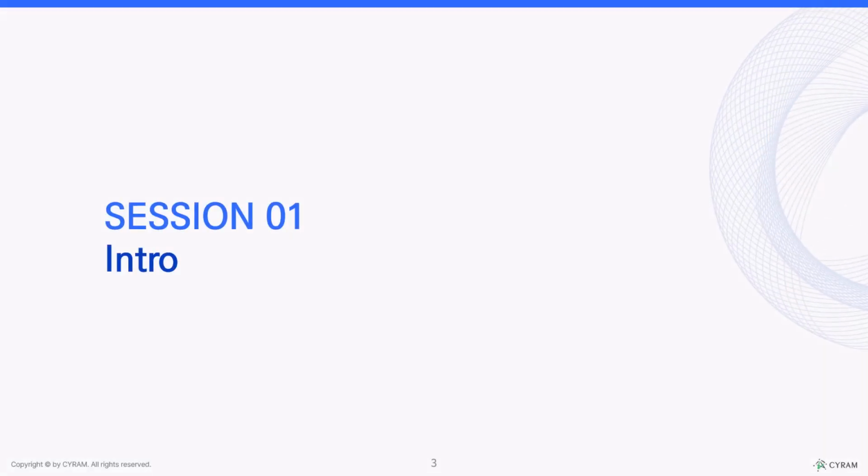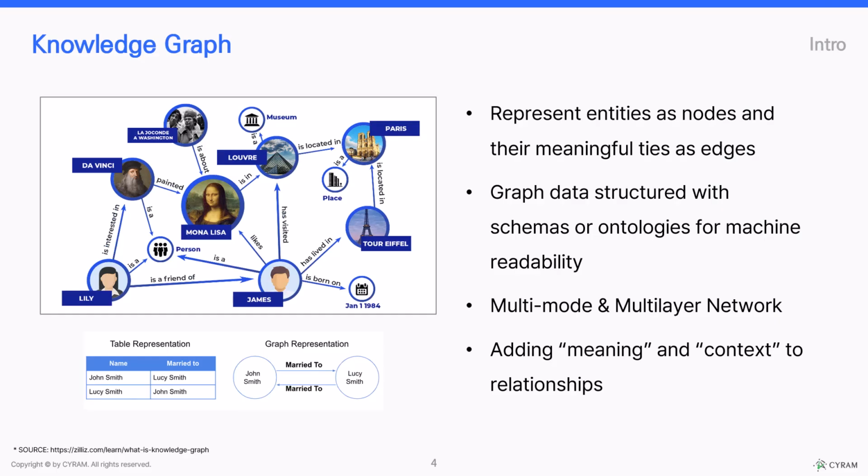First, shall we take a look at one of today's key topics, the knowledge graph. Some of you may already be familiar with the term knowledge graph, while for others it may be new. A knowledge graph is a graph-structured data model that represents real-world entities and their relationships with semantic meaning.